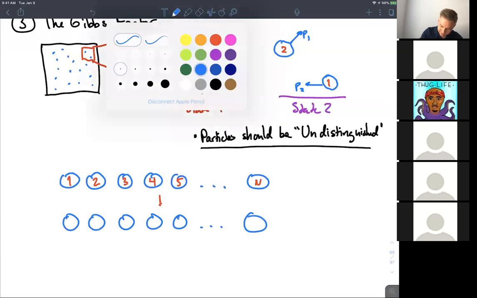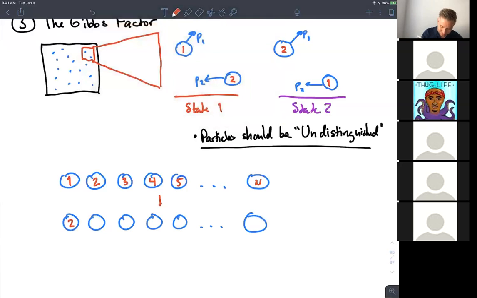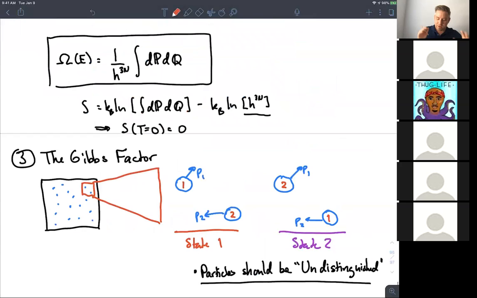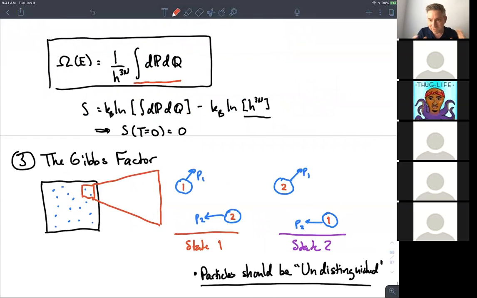Again, same thing. Now all I'm going to do is just permute the first two, like so. These should not contribute individually to our counting of the possible number of states. When we calculate the possible number of states using this integral, they do. Okay, they do contribute individually.